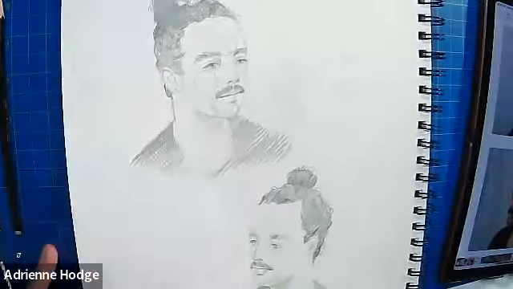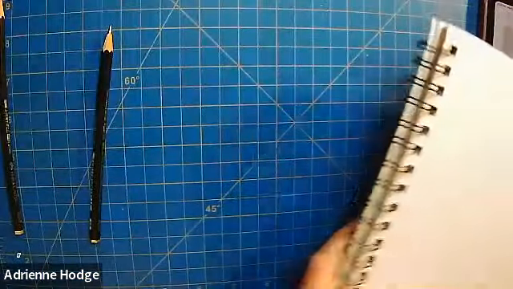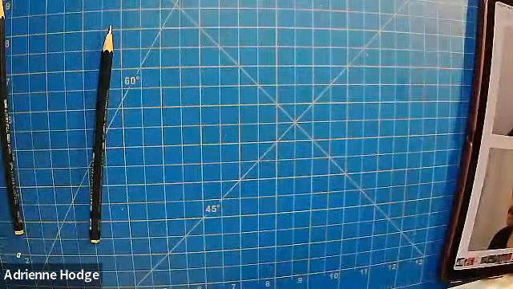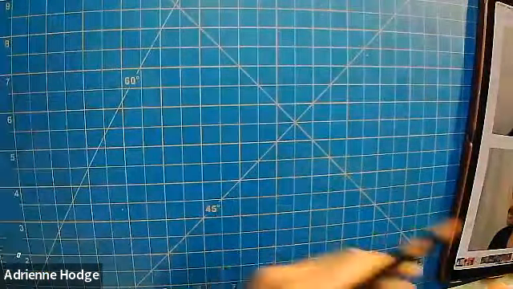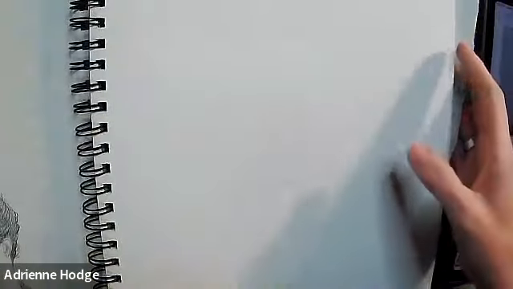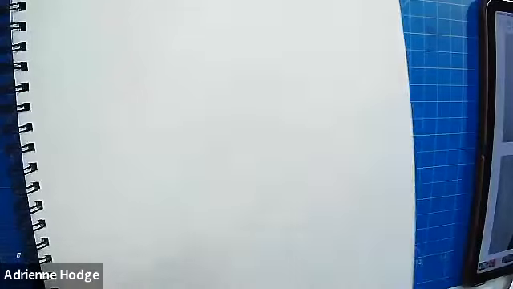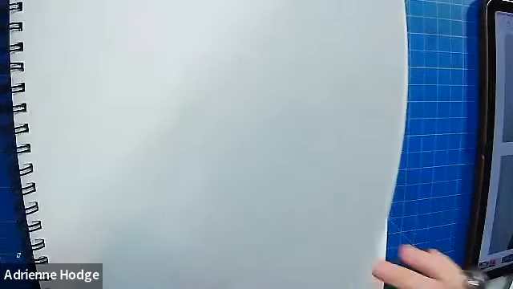Okay, so I'm going to go to a blank page in my sketchbook here, and we will get started. I'm going to tear out this other sketch just to have it handy here. Let me find a better blank page. This one's got something on the other side.